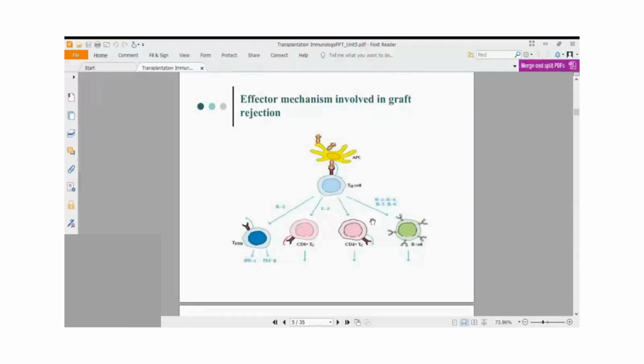Those immunosuppressive drugs administered to the patient are not friendly. Please remember that. They do cause side effects.